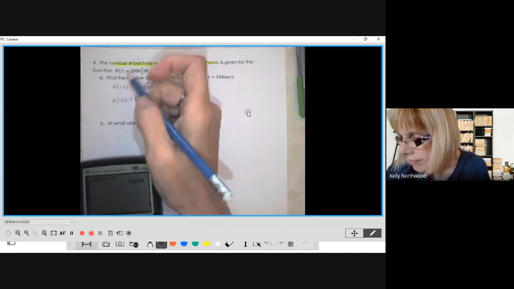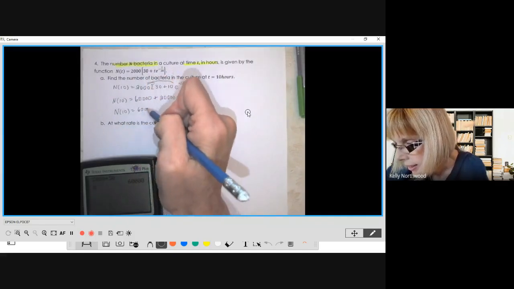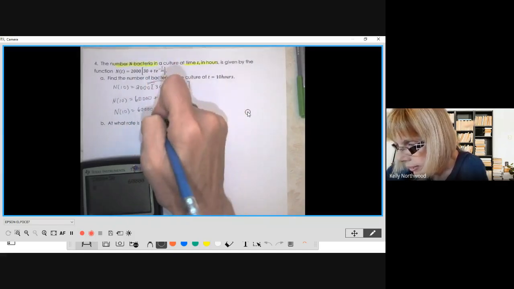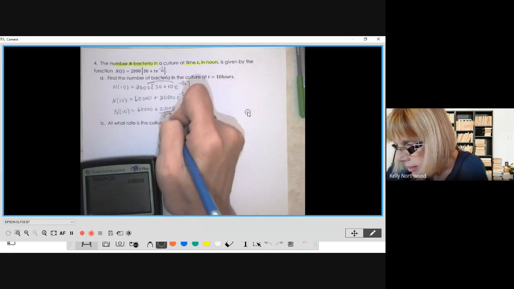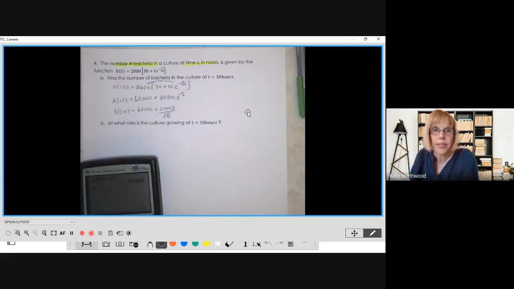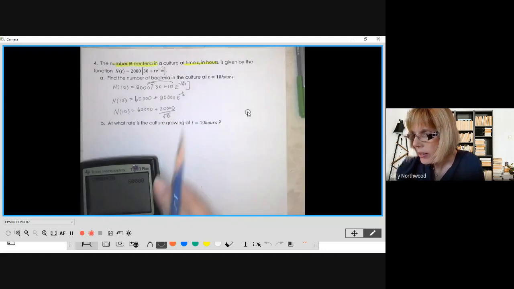Which I could write, I don't know, prettily as exactly. I don't know how pretty it is, but this would be exact. I could write e to the negative 1/2 as 1 over the root of e. But I want you also to be able to just enter this into your calculator.